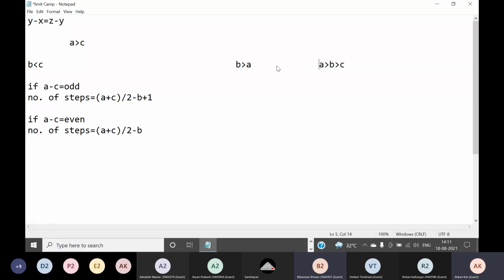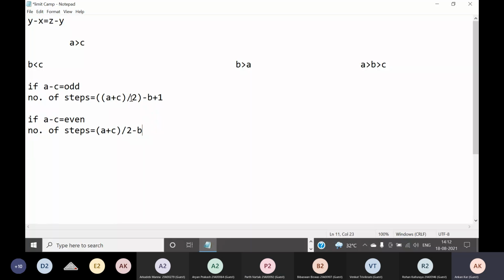Yes, we need to increase one because if a minus c is odd, and for even we don't need to increase either of a or c by 1. So it is (a plus c) by 2 minus b plus 1, right? That minus b plus 1 is in the numerator. No, it's not a remainder actually. Something like this. Okay.